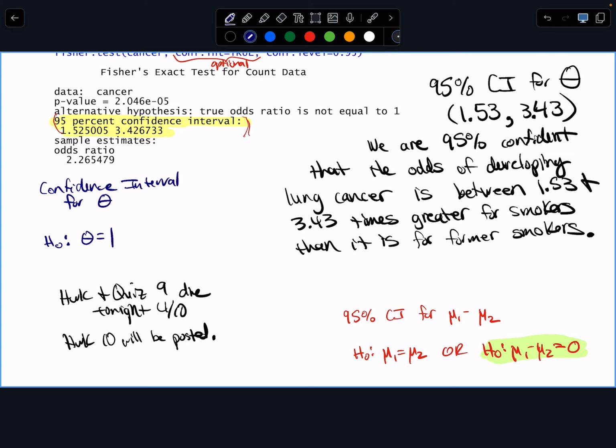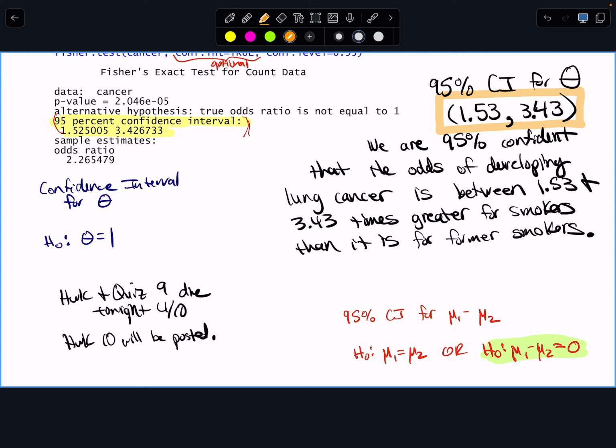So if I look at this confidence interval that we got here, right? It's from 1.53 to 3.43, right? Is 1 within the bounds of that confidence interval? The value 1, the number 1. No, right?